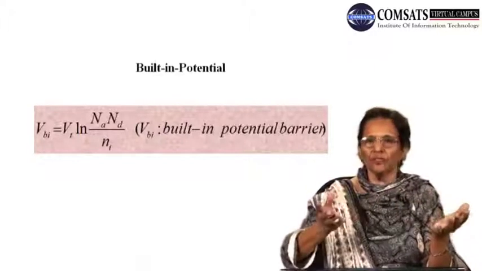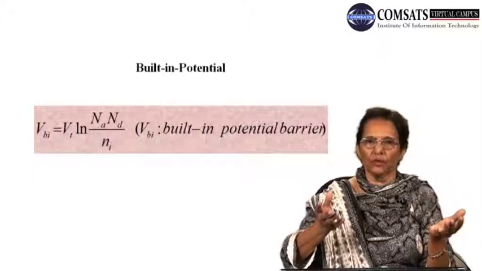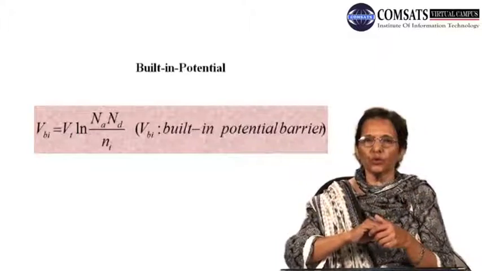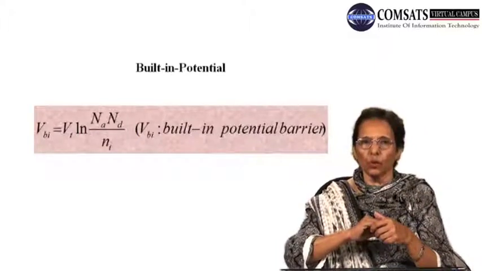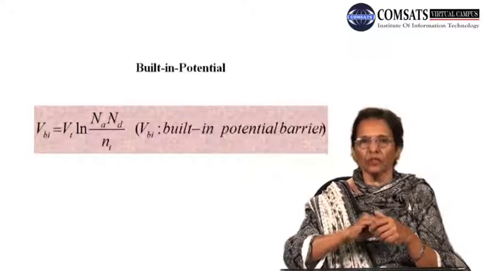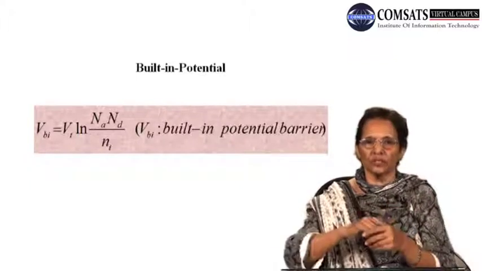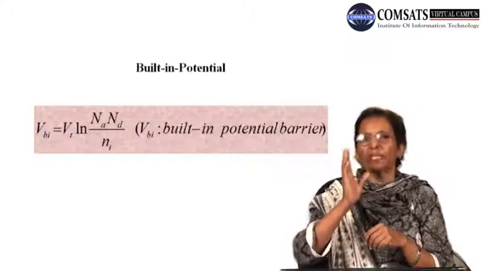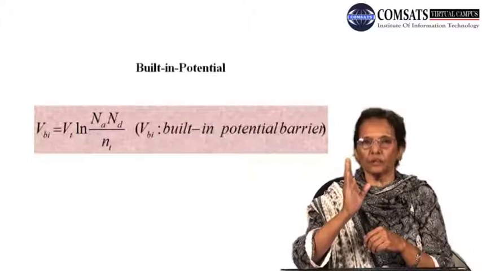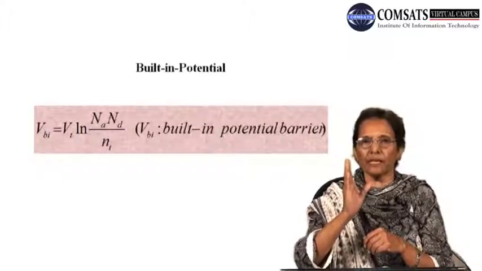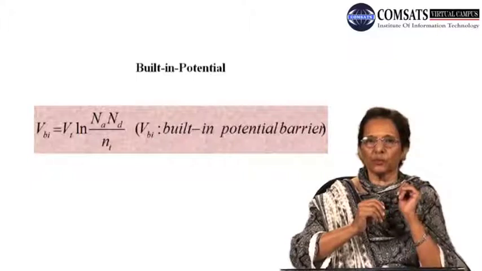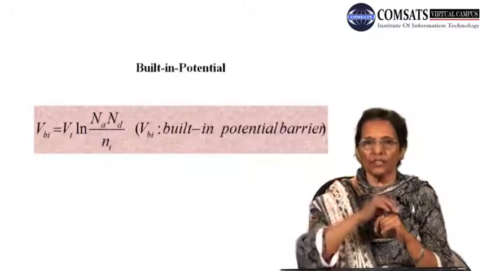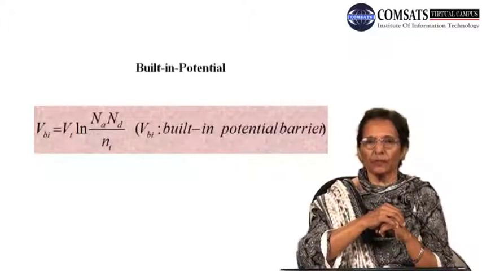Built-in means you have not applied any potential across the junction. This potential difference arises due to the diffusion of the majority holes and the majority electrons, as you can see in this slide, across the interface. The concentration of the ionized impurity atoms, that is the acceptor layer and the donor layer, respectively, depends upon the amount of dopant impurity that you have added in the intrinsic semiconductor material.